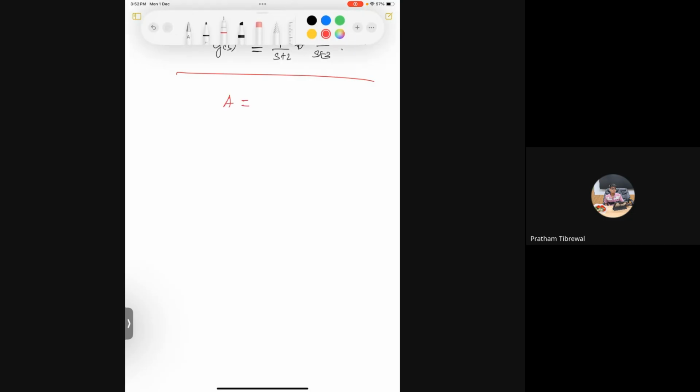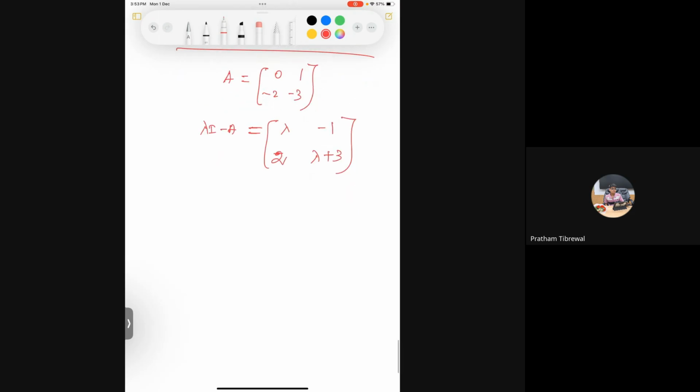Okay. The A is again 0, 1, minus 2, minus 3. It will be lambda I minus A. So I have made the steps. I'm just going to write it again here in short form. So, from the online recording, you can see from the previous step, lambda I minus A, it will be lambda into lambda plus 3 minus of minus 2, it's plus 2, I'm writing.